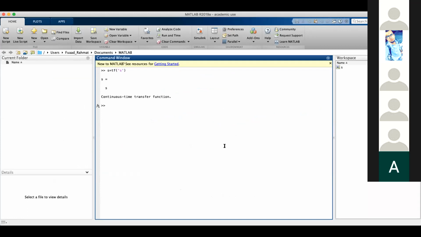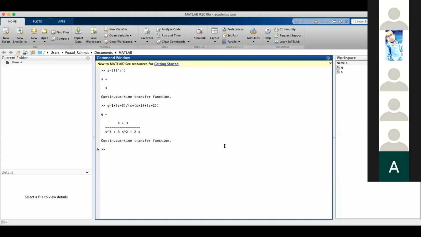And then G is equal to 1, we already assume K is equal to 1, multiplied by the zero at -3, which is s plus 3, divided by s, the pole at the origin, multiplied by the pole at real axis -1, and then multiplied by the pole at the real axis -2. Okay, so this is the question.